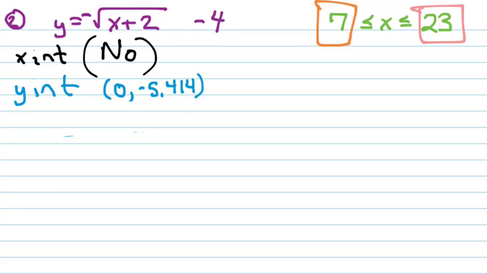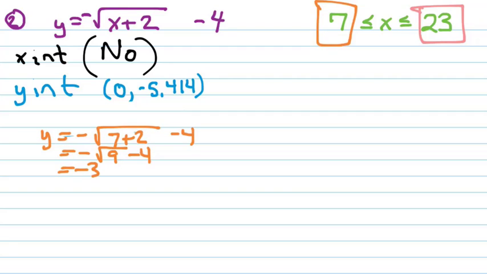So if I plug in a 7, y is equal to negative square root of 7 plus 2 minus 4. So negative square root of 9 minus 4. So that's negative 3 minus 4. So that's going to be the value of negative 7.